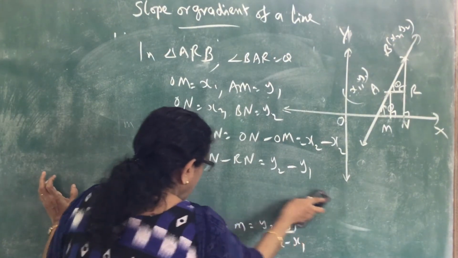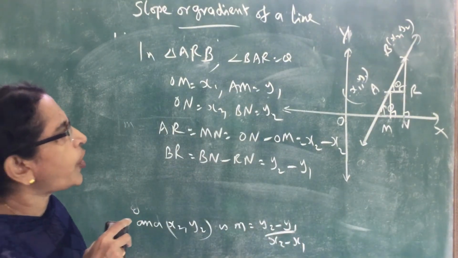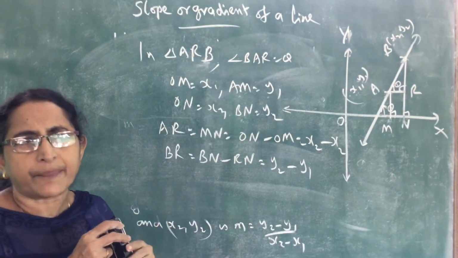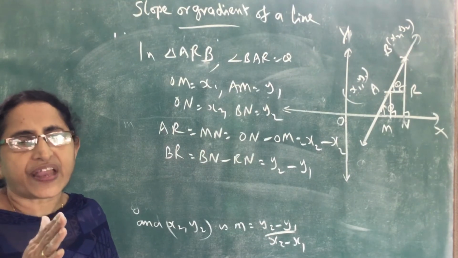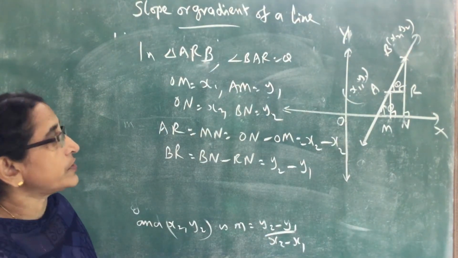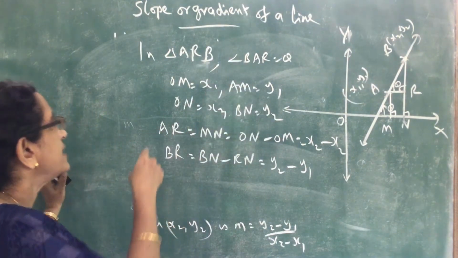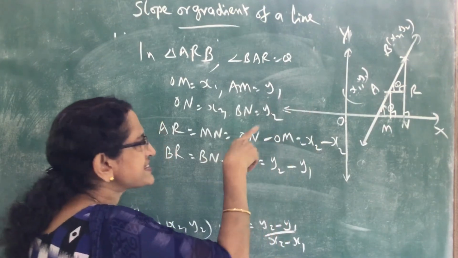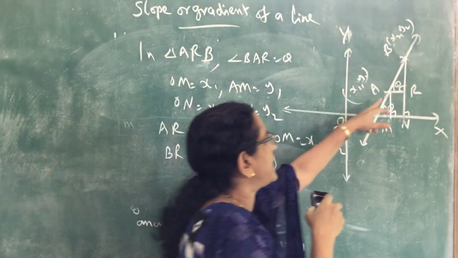Now we want to find the slope of the line. We know if theta is the inclination of the line, then the slope of that line is m equals tan theta. So in the right triangle ARB, what is tan theta? Angle BAR is theta.